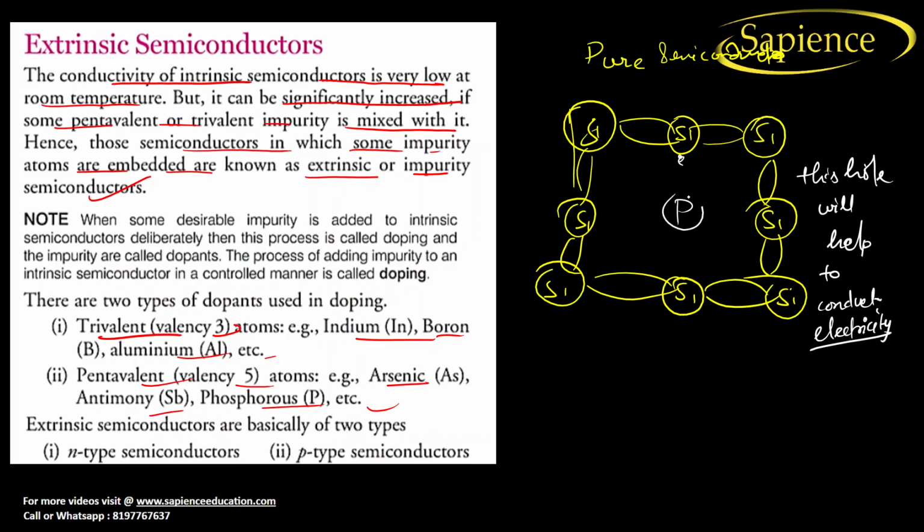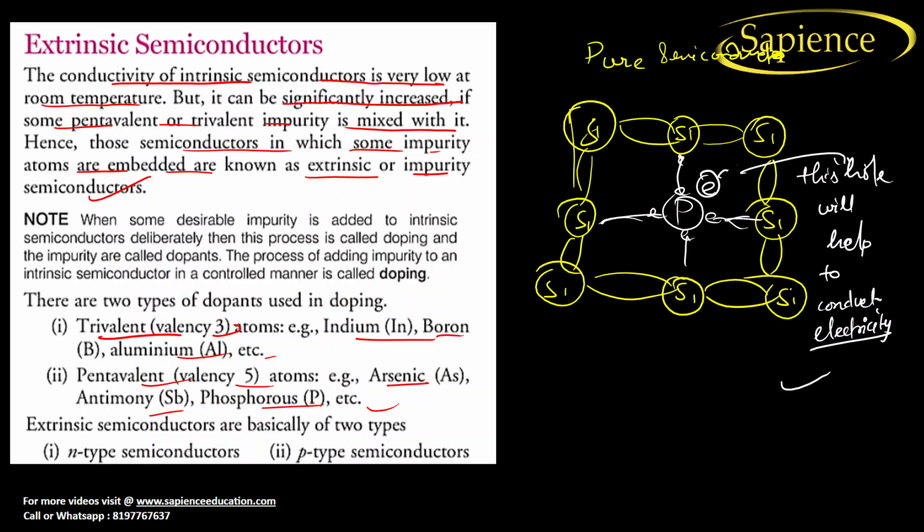Since phosphorus is pentavalent, it has 5 electrons. Four are shared with the silicon, but there is an extra electron, and this free electron will help in the conductivity. So this is pentavalent doping. So there are two types of doping, pentavalent and trivalent.